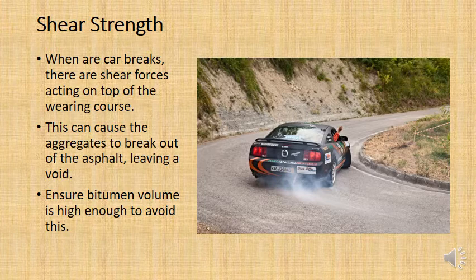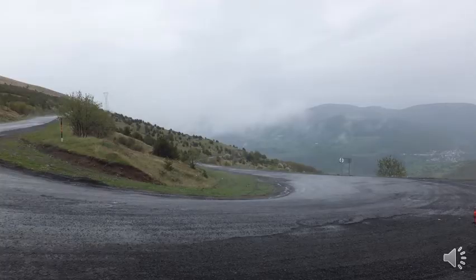potholes. So basically, to avoid this, you need to make sure that you have enough bitumen volume. The bitumen needs to be 20-30% or higher. That's very important. So this is an old road in Massif. I'm not sure, but can you see where the road has worn away there?